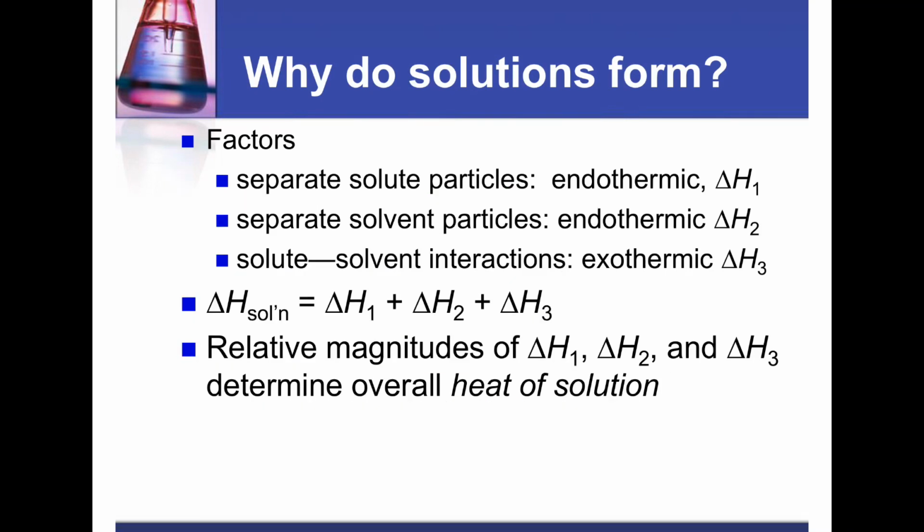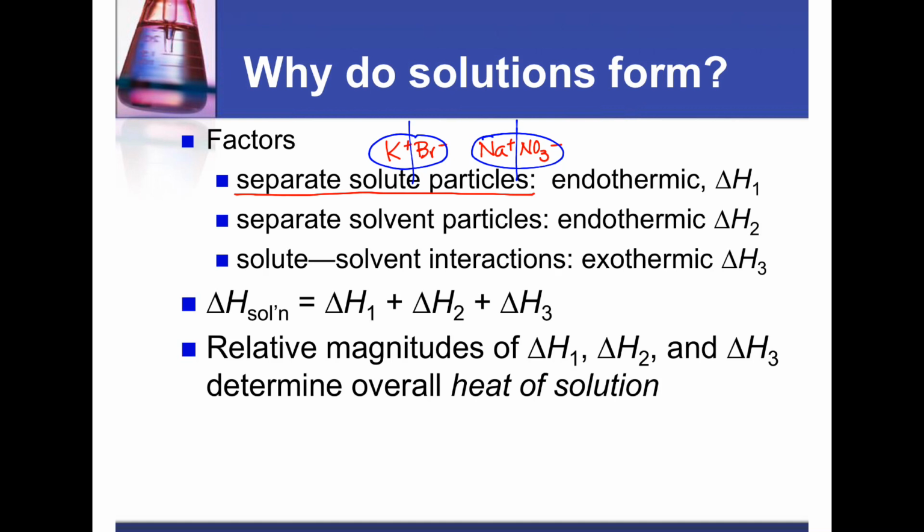Now that might seem like all new energies that we haven't seen before, but we've actually seen at least one of these. When we talk about separating solute particles from each other, we're talking about how ionic compounds like potassium bromide or maybe sodium nitrate, these ions are very attracted to each other, and we want to break the interactions between them.